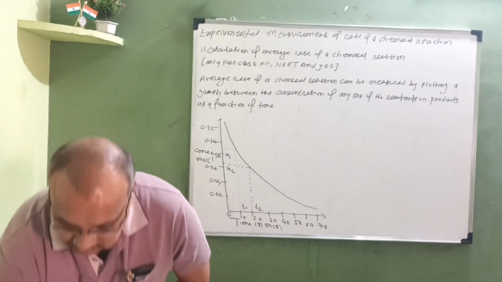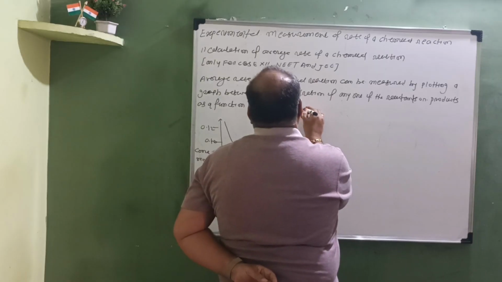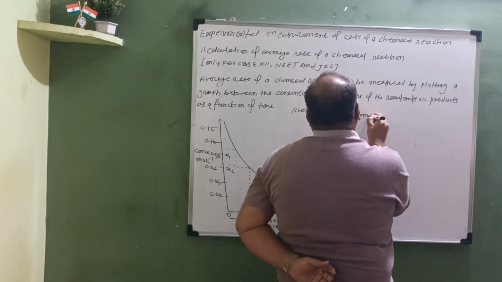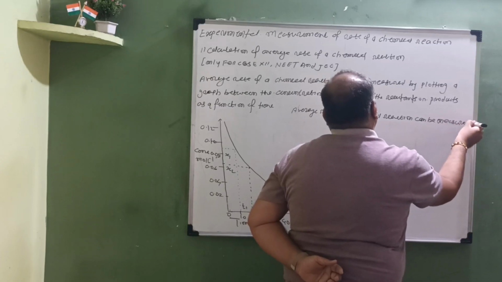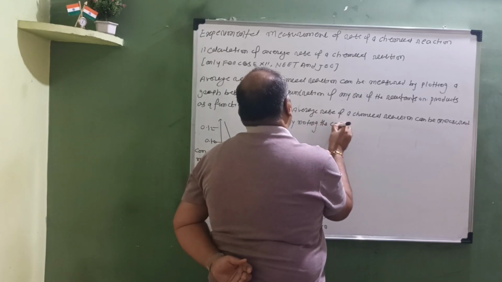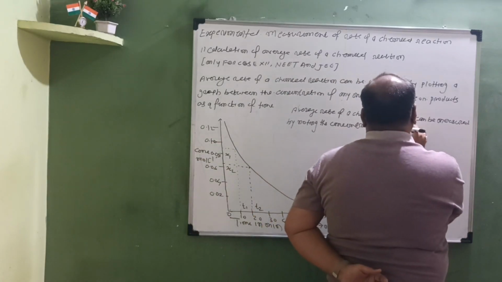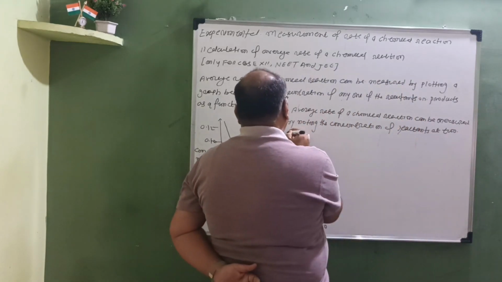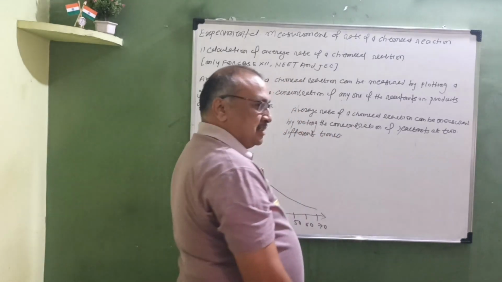That means here average rate of chemical reaction can be measured by noting the concentration of reactants at two different times, that is T1 and T2.